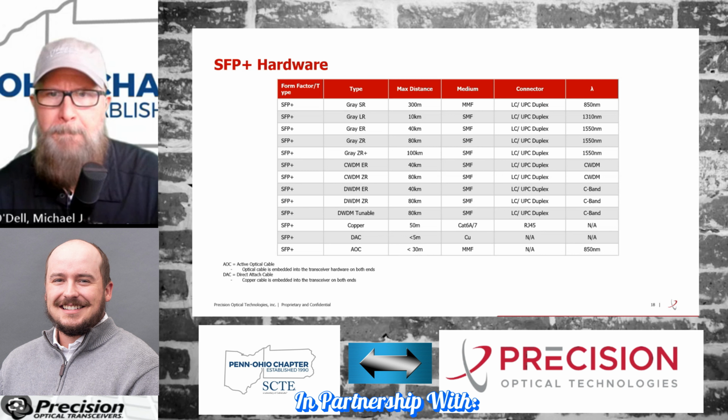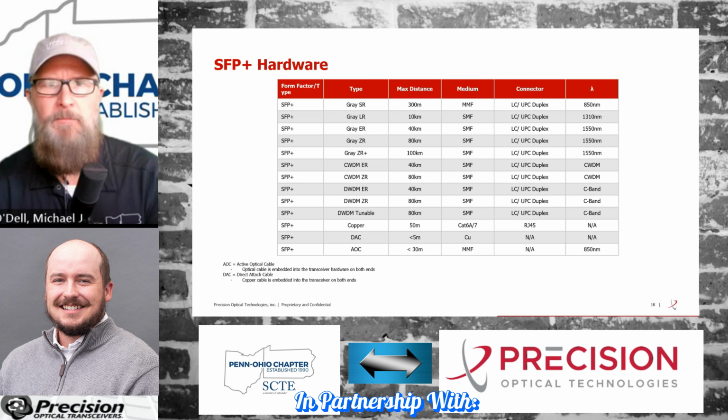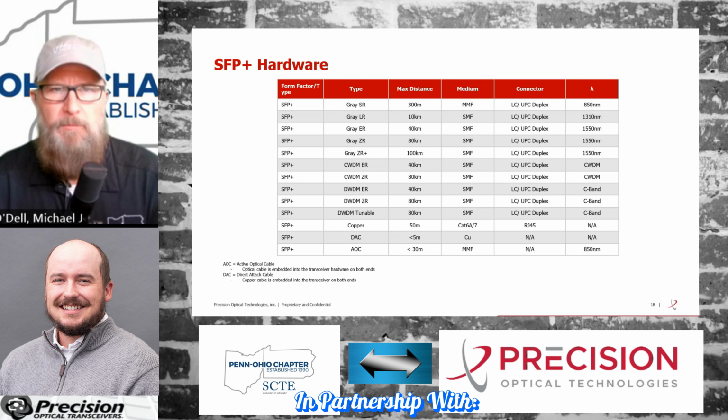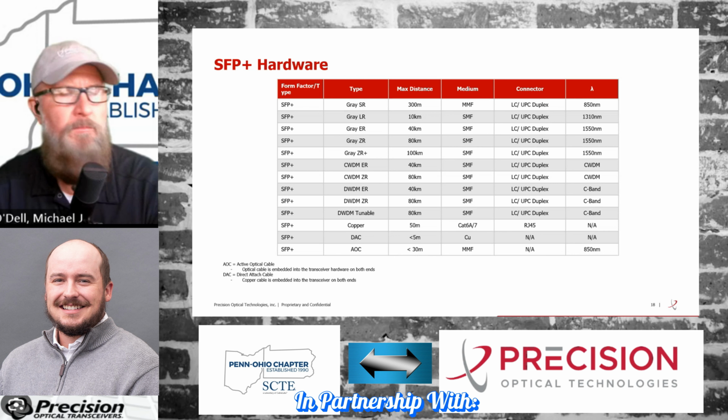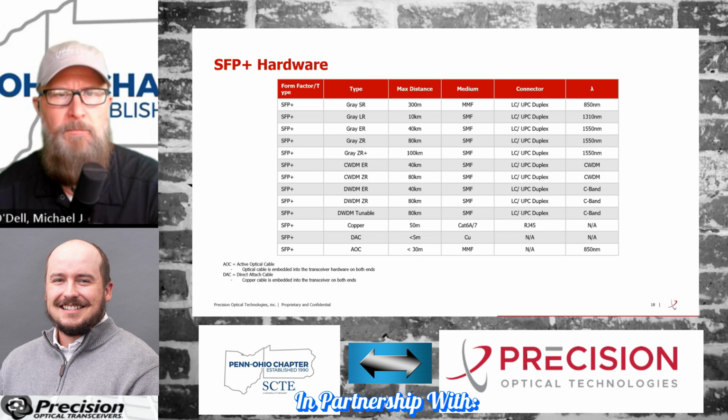Another thing you may have noticed with 1 gig SFPs, the type typically said something like SX, LX, EX, ZX. And then with SFP plus 10 gig, now it's an SR, LR, ER, ZR.